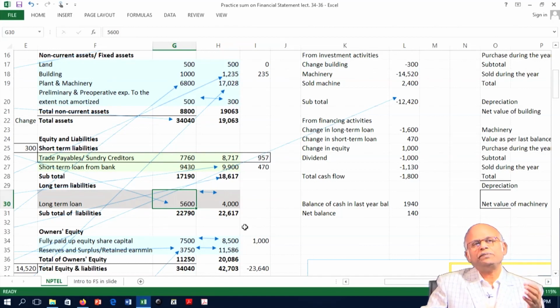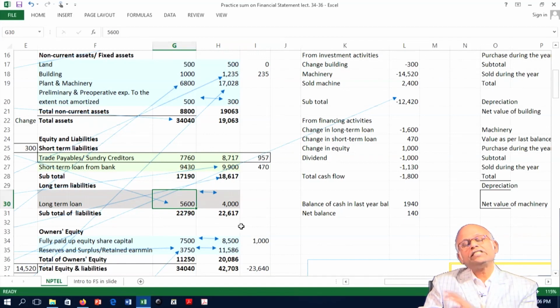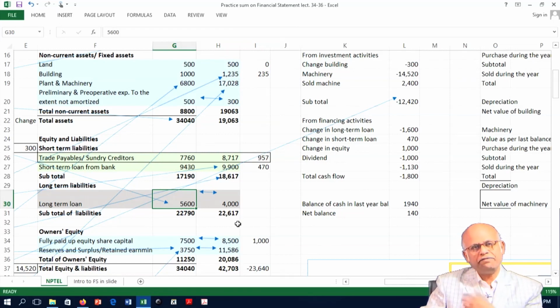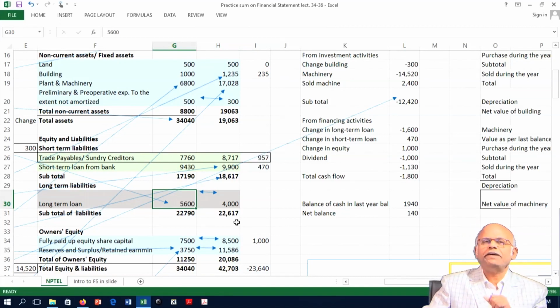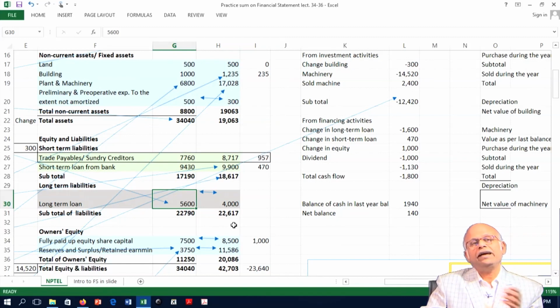So, that balance becomes 4,600, but maybe you have installed or commissioned another plant elsewhere by raising another 5,000 rupees, say 5,000 crore or whatever is the unit. So, 4,600 was the balance and you added 5,000. So, that becomes 9,600 crore rupees, which should be the balance as on 31st March 2019.